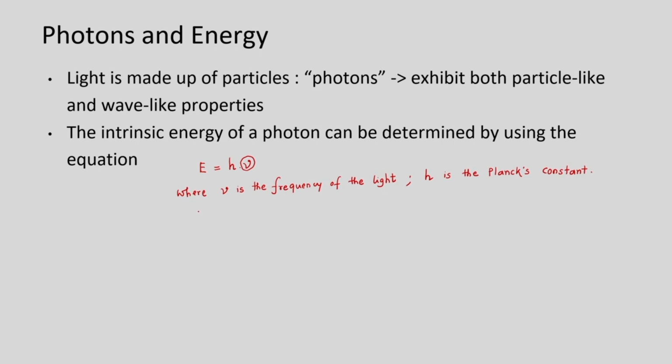We know very well that lambda into nu is equal to C. Here lambda is the wavelength of the light wave, nu is the frequency of the light, and C is the speed of light in vacuum.